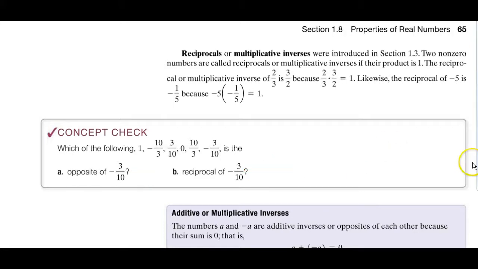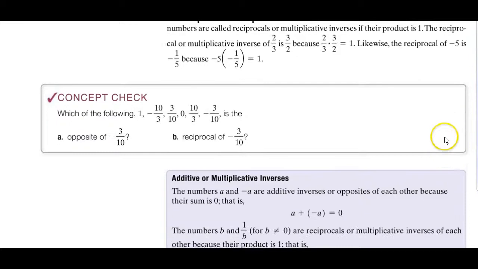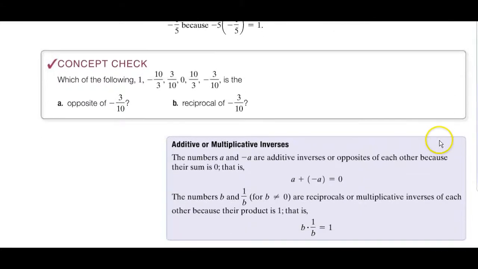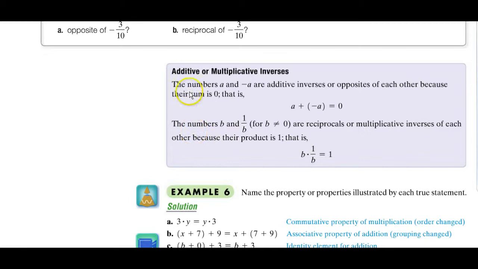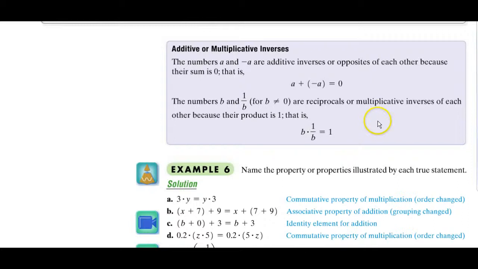And we speak a little bit about the additive or multiplicative inverse. If the numbers A and negative A are additive inverses or opposites of each other because their sum is 0, we just went over that. And then this is the reciprocal. Okay.